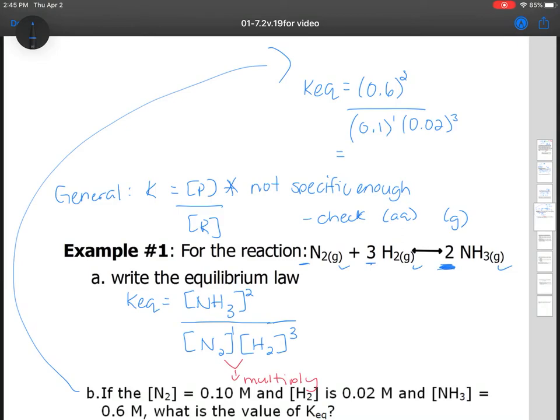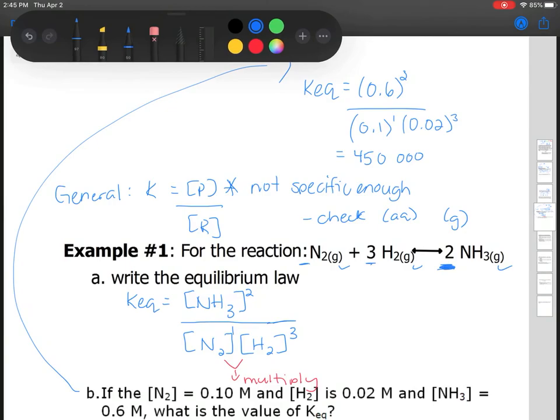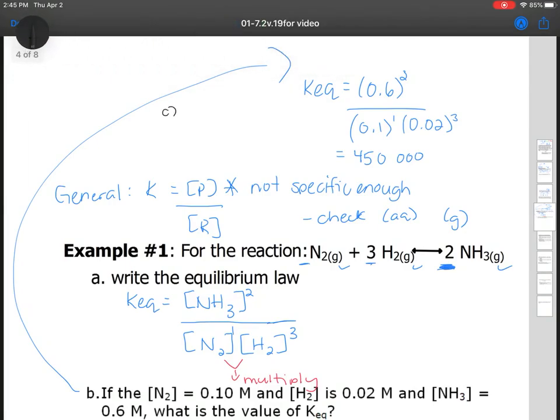Sorry, I had to write up here. I should have said that. You can show all of your work. If you have a good relationship with your calculator, you can type all this in. I don't care if you use scientific notation or not. You should get 450,000.